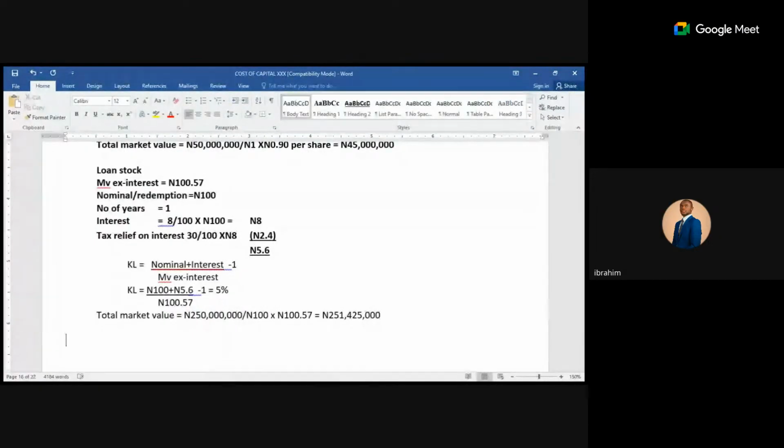So, weighted average cost of capital. We are done with all the sources of finance. Weighted average cost of capital.